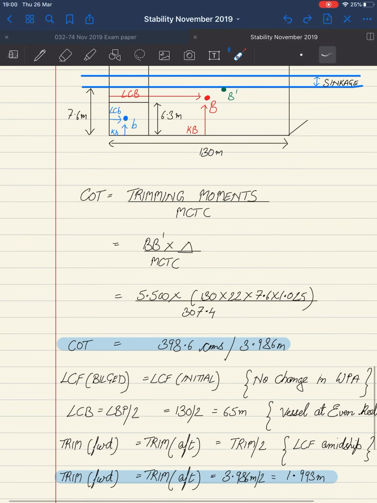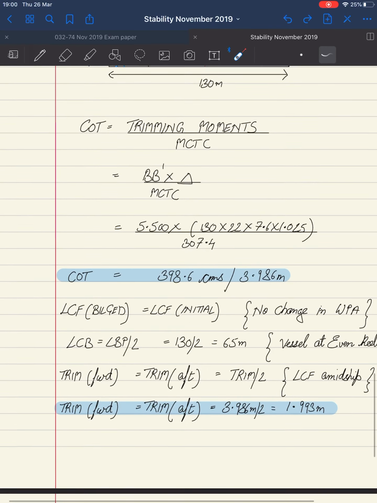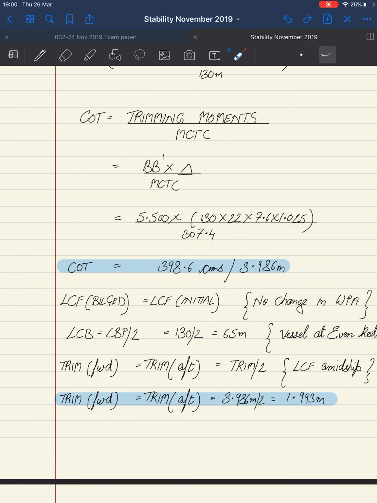So the longitudinal center of flotation remains the same because longitudinal center of flotation is the geometric center of the water plane area. Now LCF bilged is equal to LCF initial because there is no change in the water plane area. And LCB is equal to LBP divided by 2, which gives us 65 meters, which was our initial LCB, which we had found out initially.